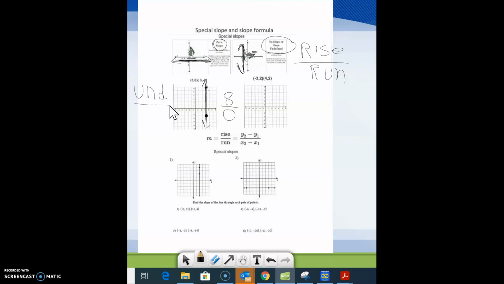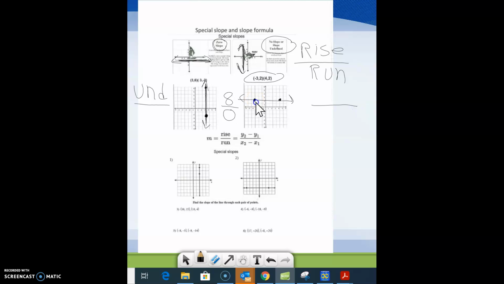All right, let's look at the next line. We're going to plot these 2 points, okay? So that's going to be -3 up 2. 4, 2. Connect them. You should know by the notes above that that's a horizontal line. So that's a zero slope. Let me show you with the rise over run, right?